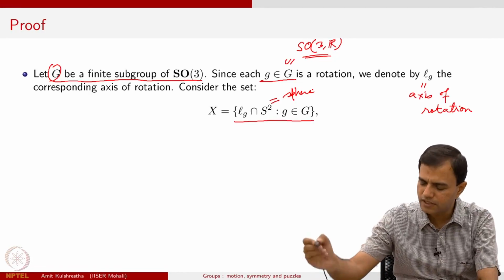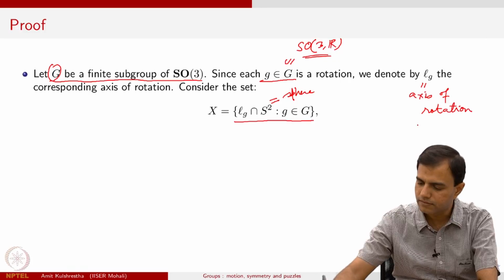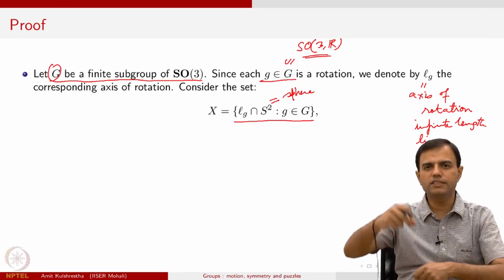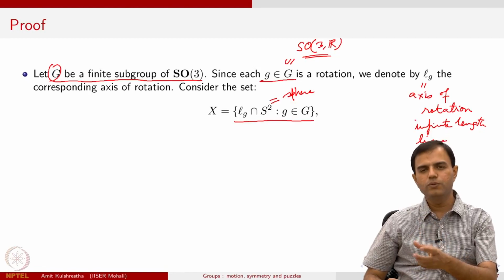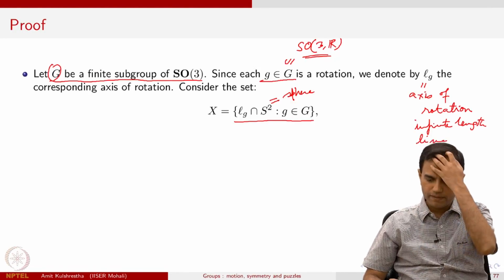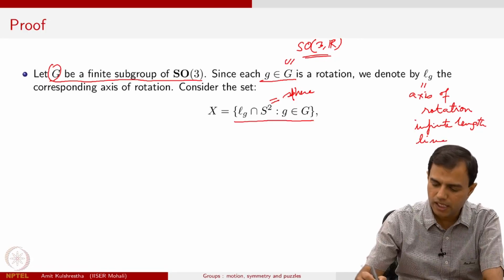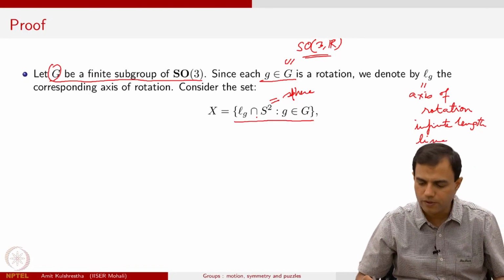So LG, just take it to be an infinite line, infinite length. So the axis all the way is going to intersect with S2, and those two points where it's intersecting with S2 are going to be called poles.